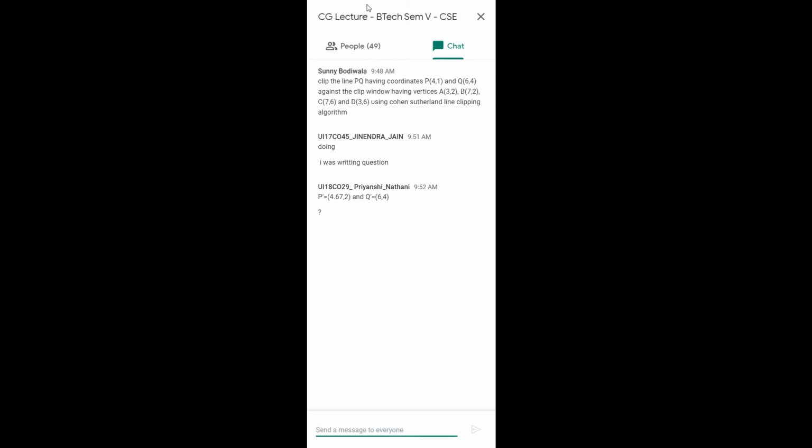What are you doing for the Q point, Priyansi? That lies in the window, so you don't have to find the intersection point. Yeah, fine. Then 6, 4.